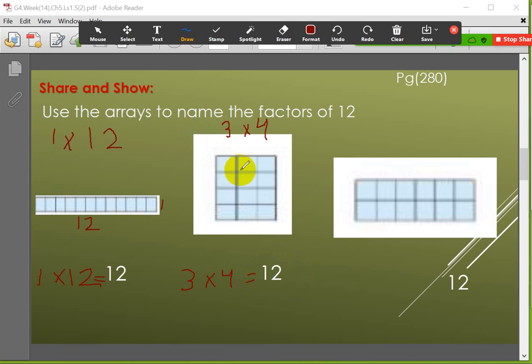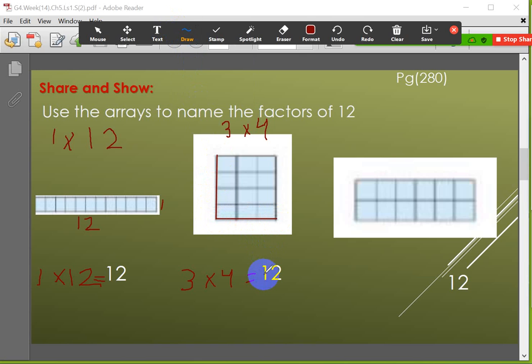So, how will I understand it? By using a model. Look, I have 2 directions here. This is the horizontal one, and this is the vertical one.